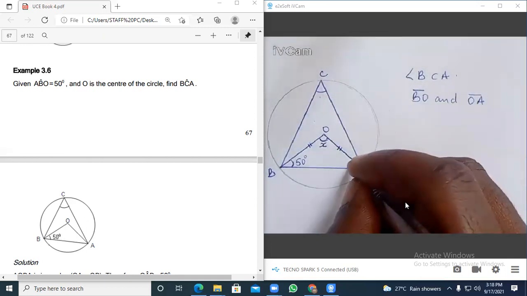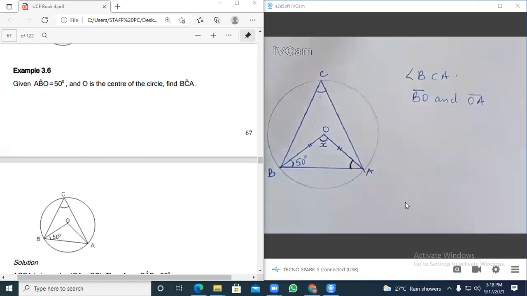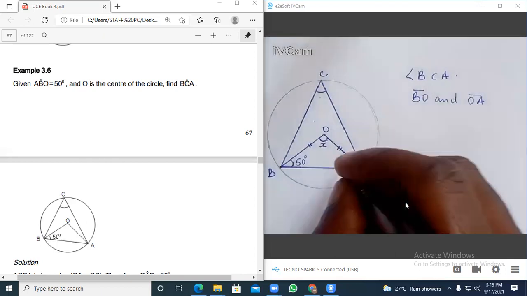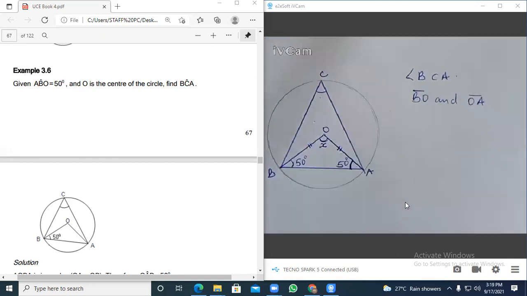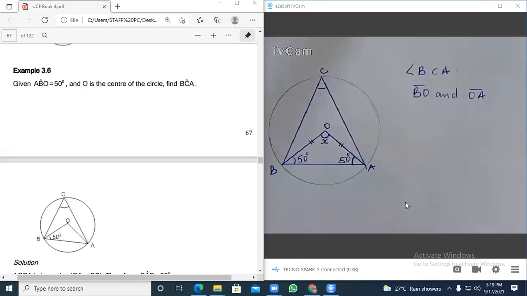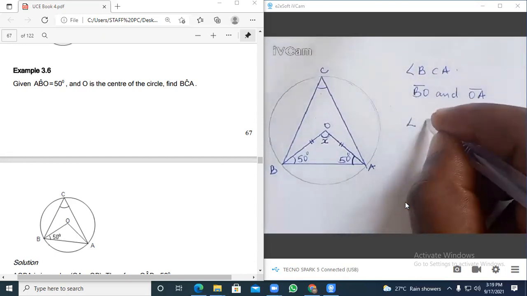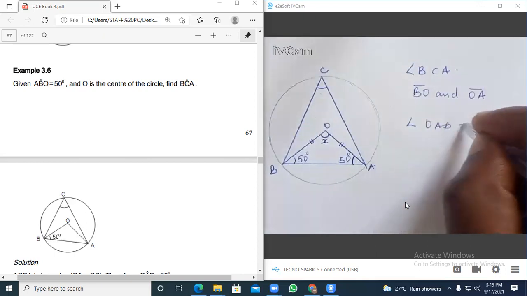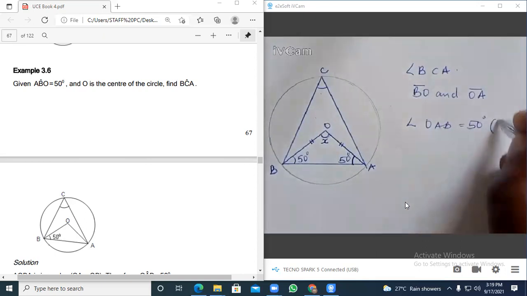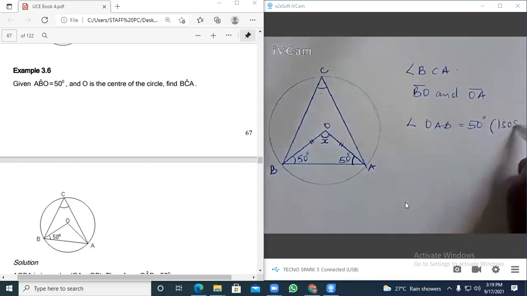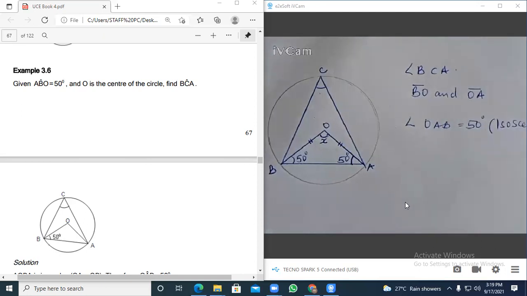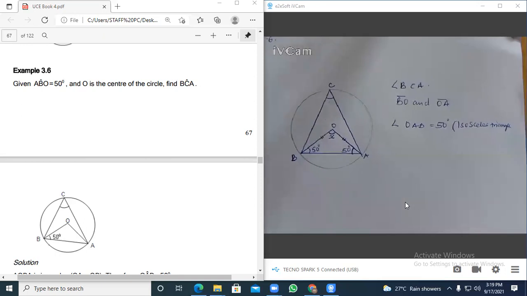What is this angle here? 50. Correct, 50 degrees. So that means if that angle is 50 degrees, so angle OAB is 50 degrees, and this is isosceles, isn't it? Yes. Isosceles triangle. Let me zoom out a bit.